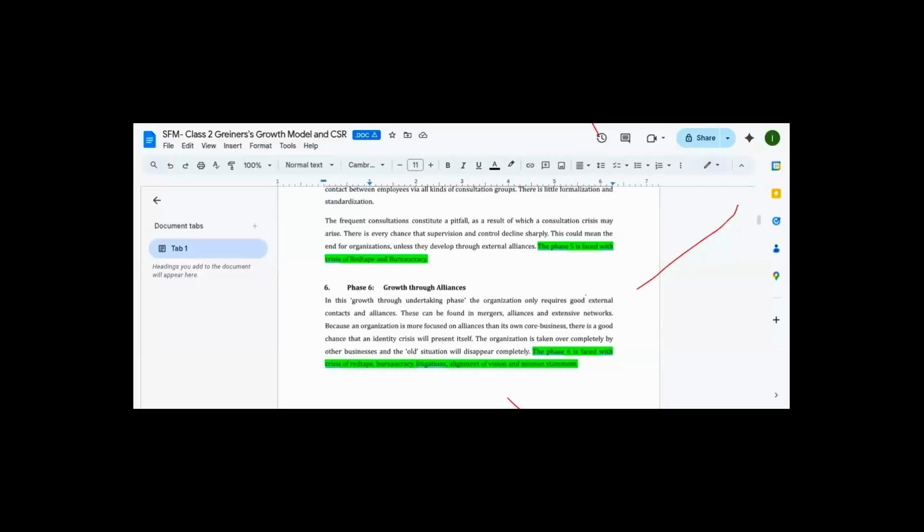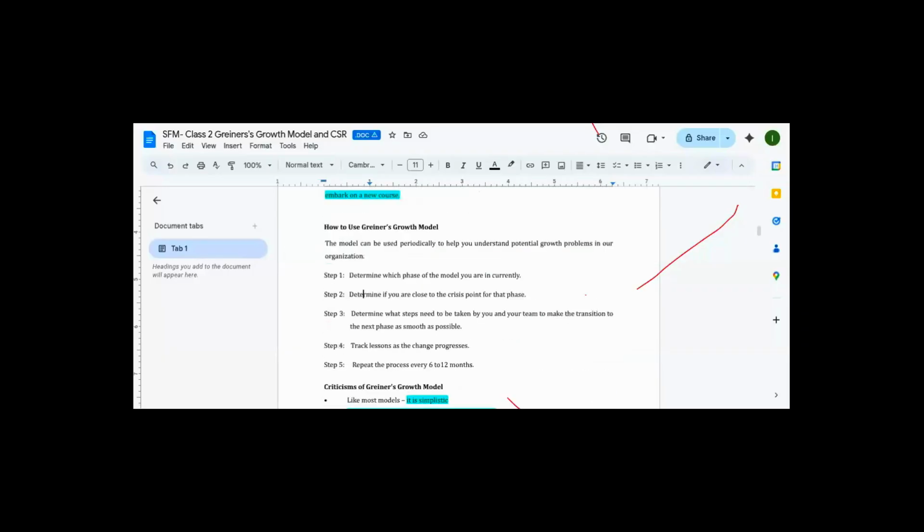One is complementary strategic alliance. The second one is competition reducing strategic alliance. While the third one is uncertainty reducing strategic alliance. Hope that is understood.